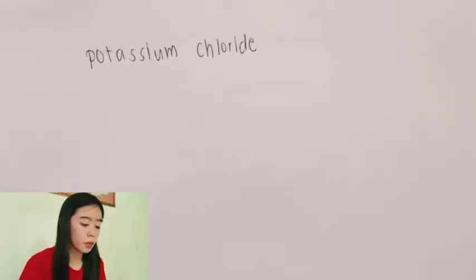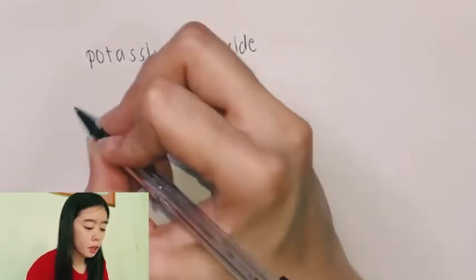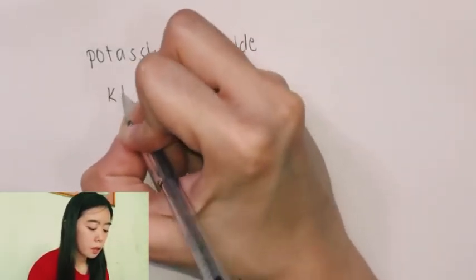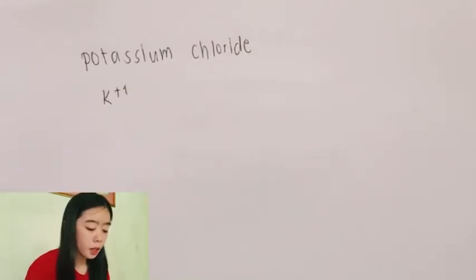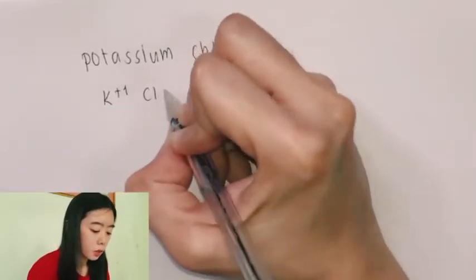To write the formula of potassium chloride, potassium is in group 1 in the periodic table, that is positive 1. Ionic charge is K positive 1. And chlorine has negative 1 charge.